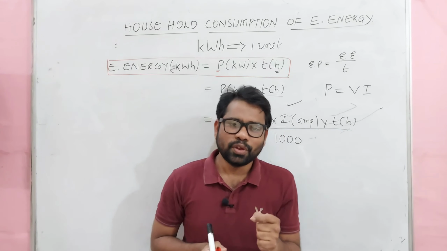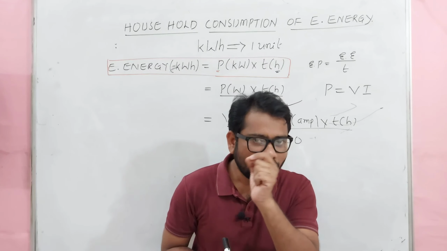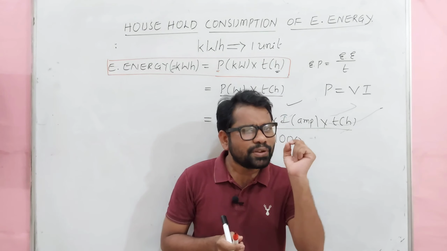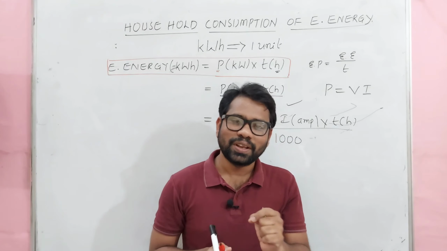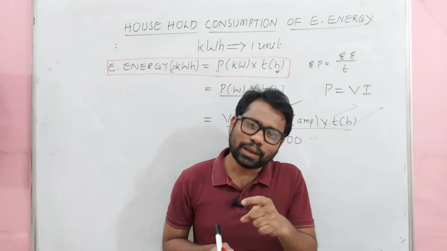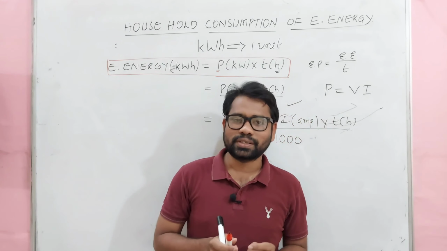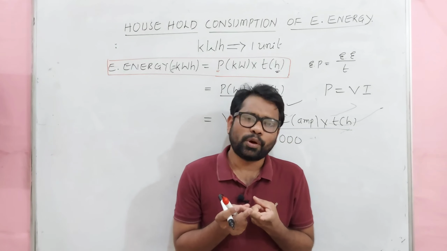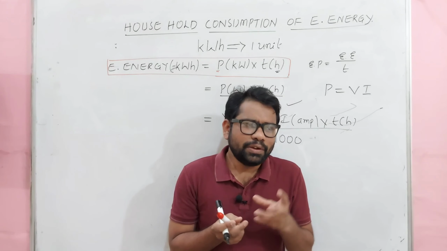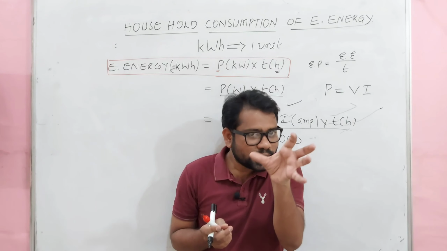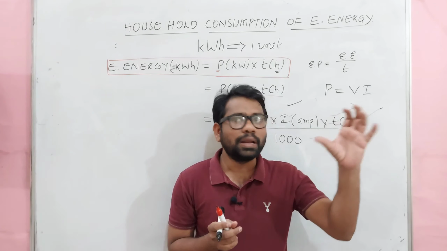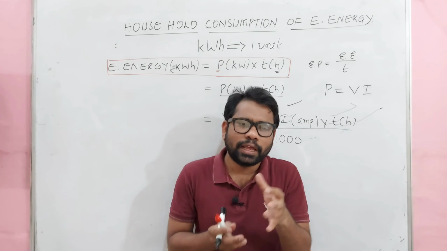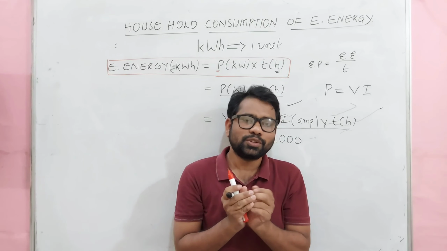But dear children, what are the electric appliances which we are using? Do you think that every electric appliance has the same power? No, it is not that. Different electric appliances have different powers. That is the first point. Now the second point: do you think that every electric appliance is operated for the same time? Like a bulb, fan, refrigerator, TV, used daily for 2 hours only? It's not that.